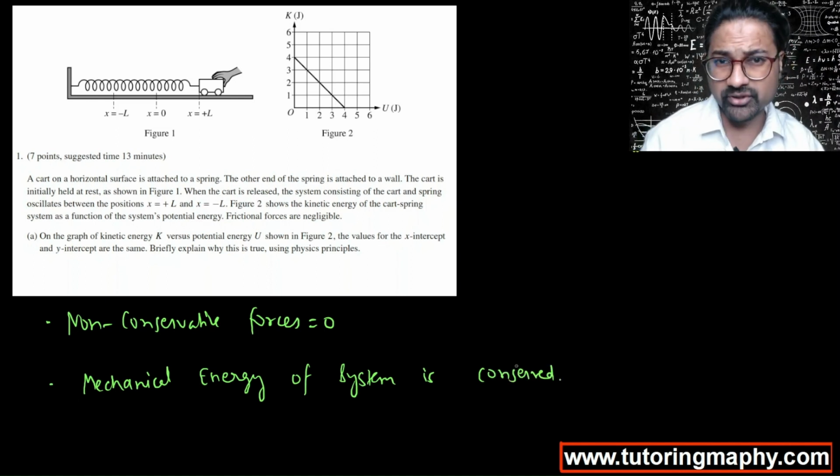So it makes absolute sense that when the kinetic energy was 4, and can you remind me when is the kinetic energy maximum? Is that at extreme position or is that at equilibrium?